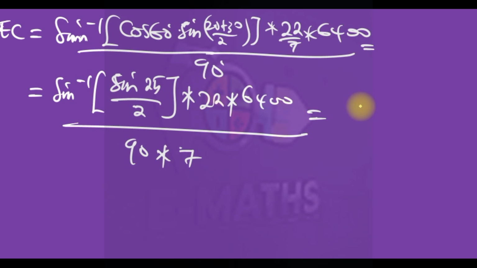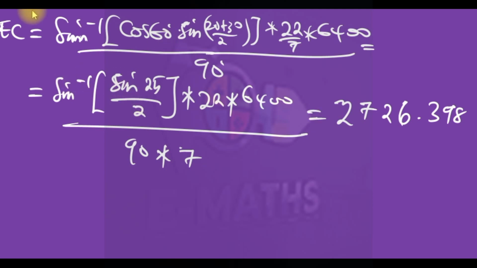Whatever I get, times 22 times 6,400, divided by 90 times 7, which is 630. So I have 2,726.398.